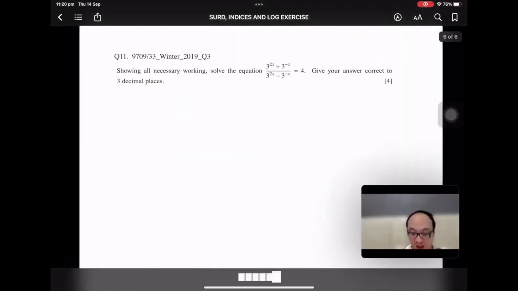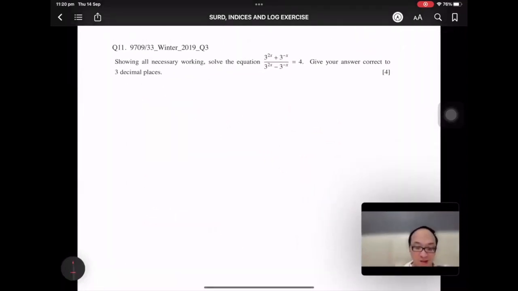The last number, solve the equation. Okay, so we can change 3^(-x) to 1 over 3^x. So it's 1 over 3^x, over 3^x, minus 1 over 3^x equals 4.